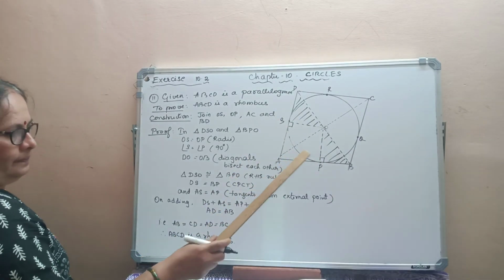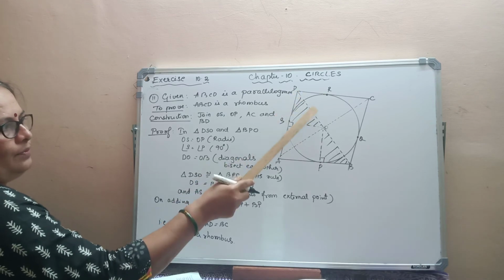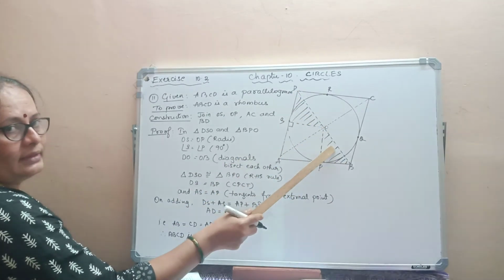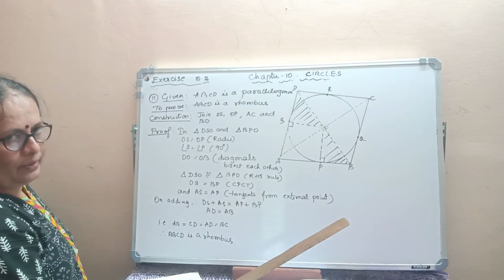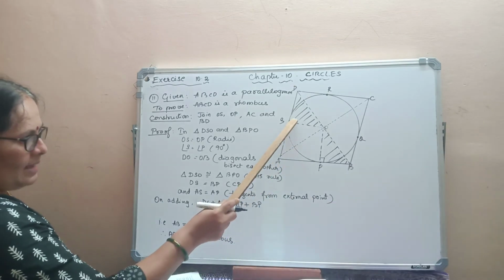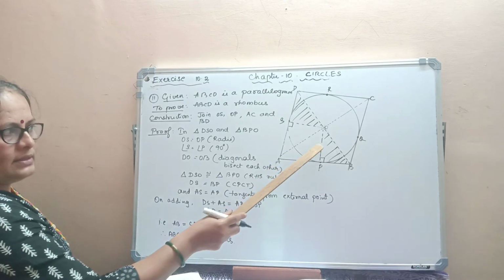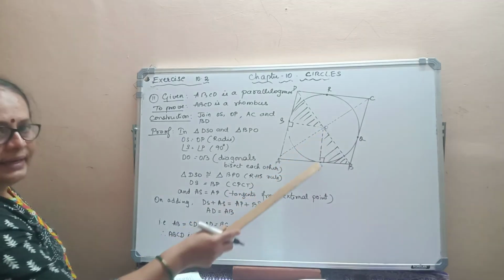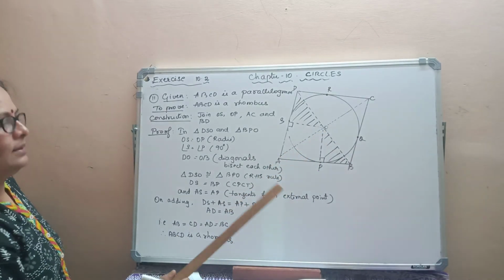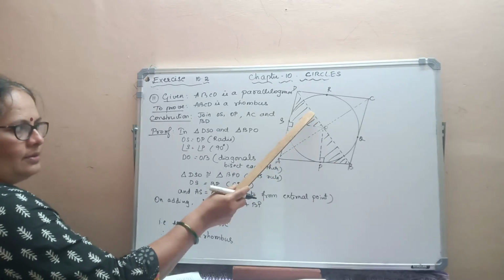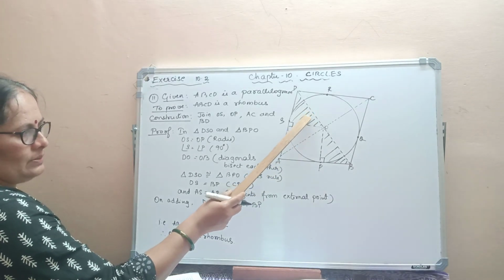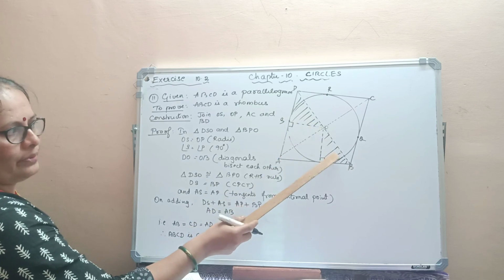Then DO equals OB, diagonals bisect each other in parallelogram. And angle S is equal to angle P, 90 degree, because tangent is perpendicular to the radius at the point of contact. So using RHS congruence rule, these two triangles are congruent.